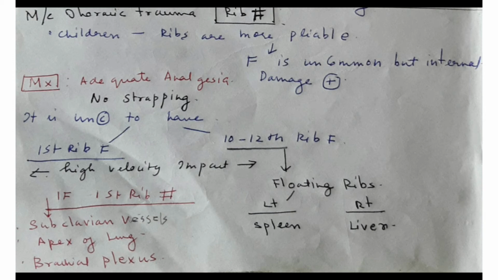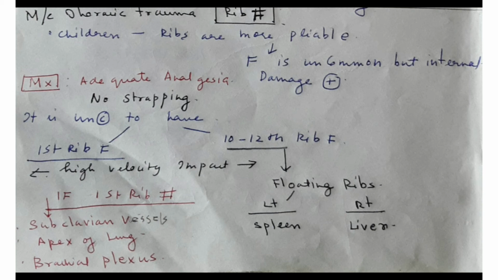One last thing to understand, with respect to questions that come, is that during CPR, cardiopulmonary resuscitation, we do chest compressions, so rib fracture is common, and the ribs most commonly fractured during CPR are the third to fifth ribs.